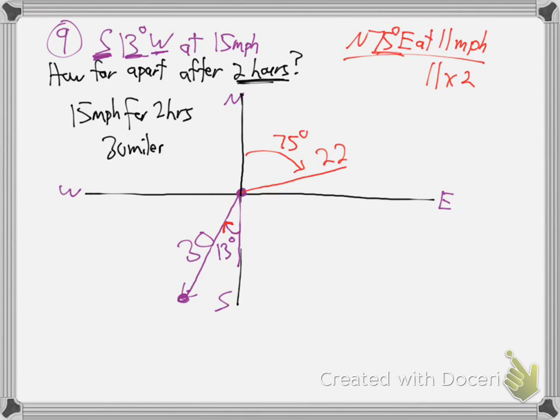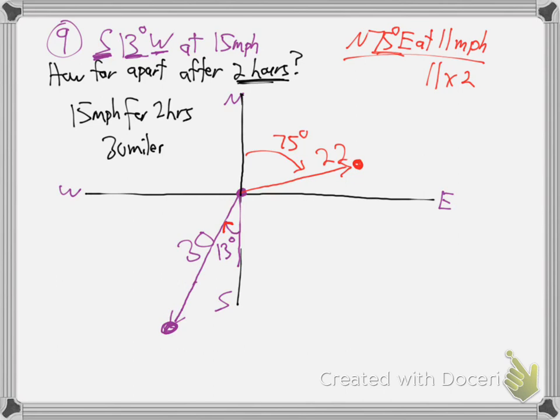You don't have to. It doesn't really matter a lot, but I'd like it to be a little more helpful. Anyway, there we go. So the purple arrow has a length of 30, 2 times 15. The red arrow has a length of 22, 2 times 11.